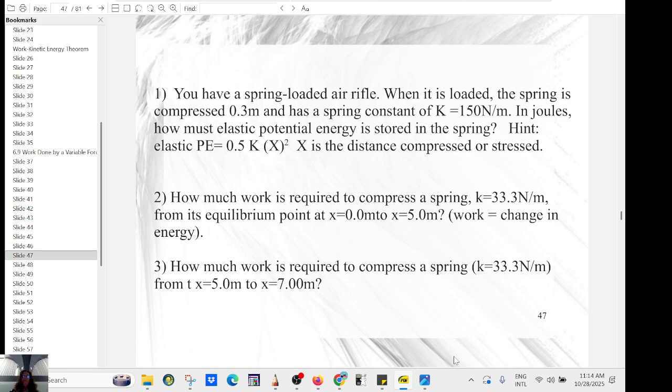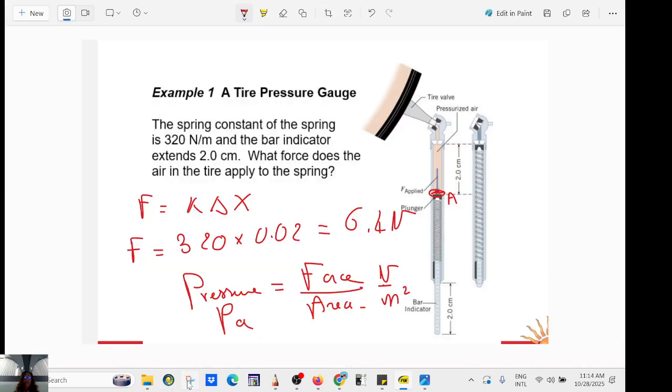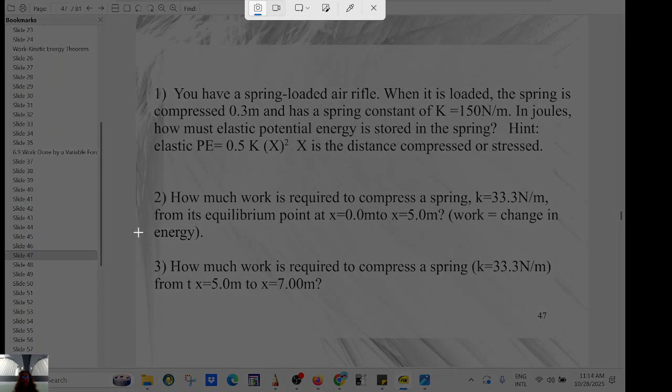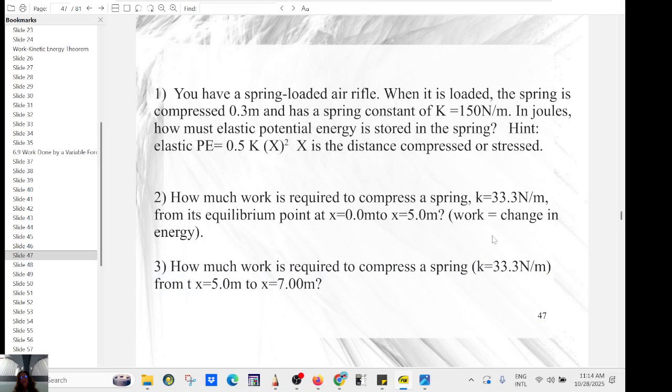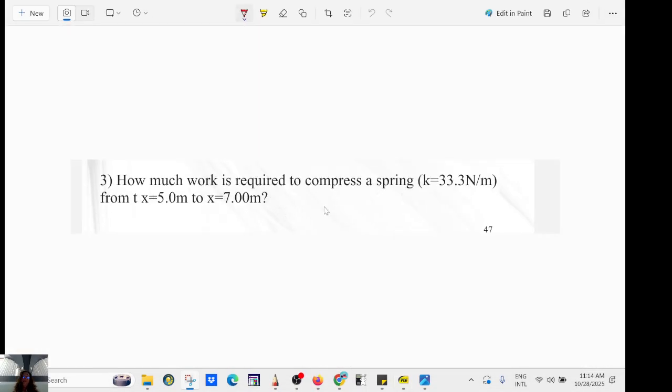Okay, so let's do a not so easy one. Easy to be tricked. Here, number 3. So you have to be very careful.